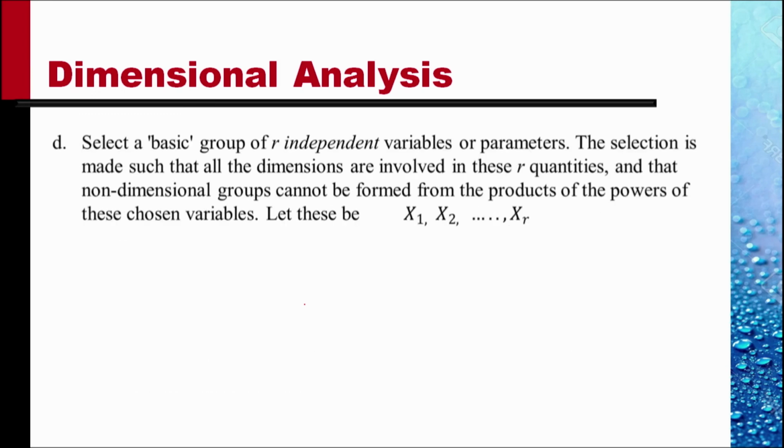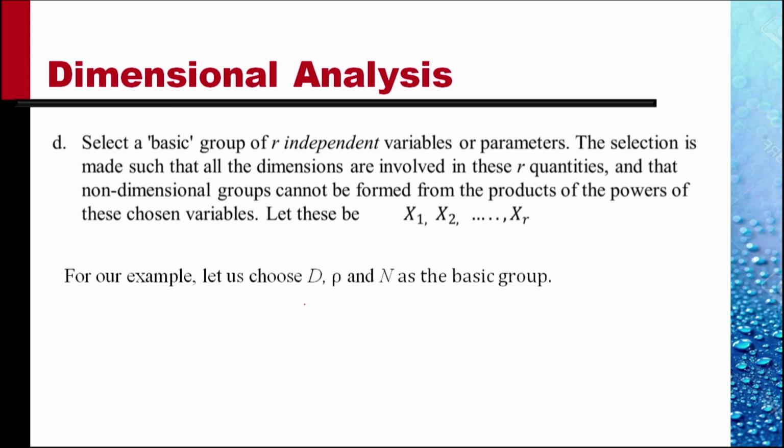Select a basic group of r independent variables or parameters. The selection is made such that all the dimensions are involved in these r quantities and non-dimensional groups cannot be formed from the products of the powers of those chosen variables. Let these be x1, x2, xr. In our example, let us choose d, rho, and n as the basic group.